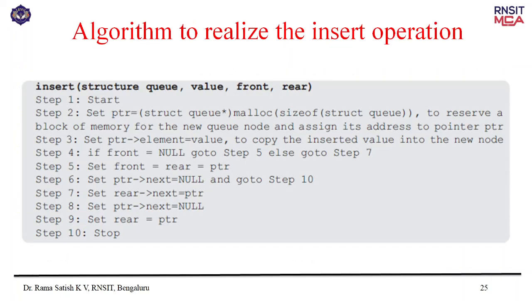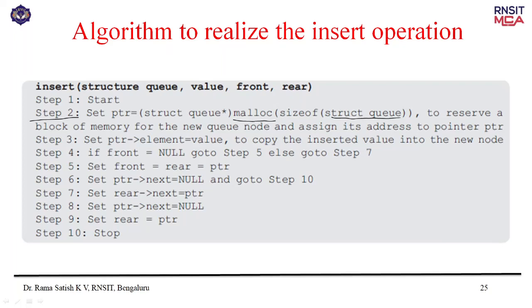The same thing is written in the algorithm. Let me take the pen. In the algorithm, in the second step, you are allocating the memory to the queue, that is, the node. You are reserving a block of memory for a new element that is assigned as its address.